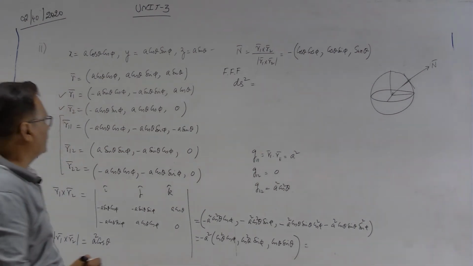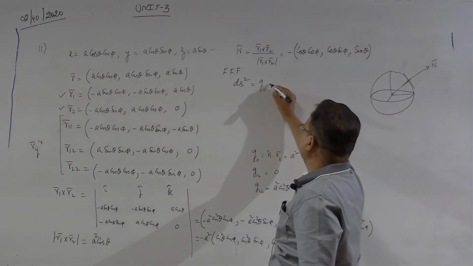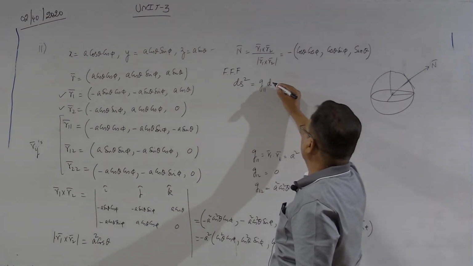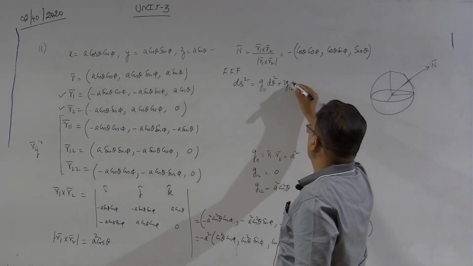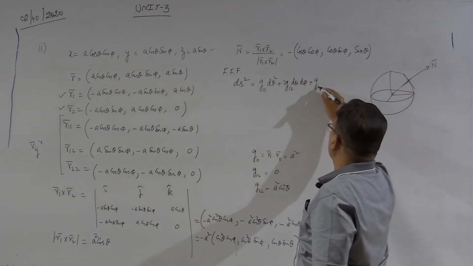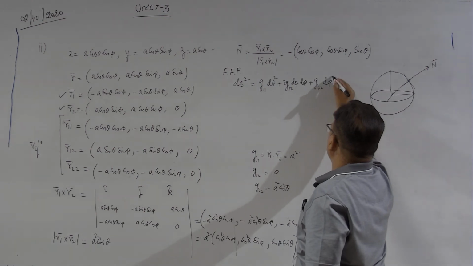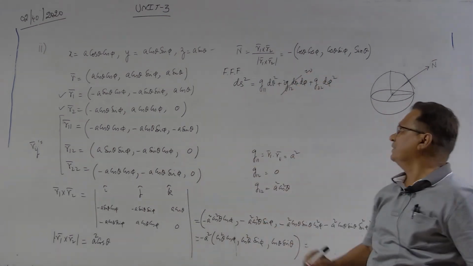Okay. So, ds square is G11 into d theta square plus 2 times G12 d theta d phi plus G22 into d phi square. G12 is 0, so the middle term goes off.